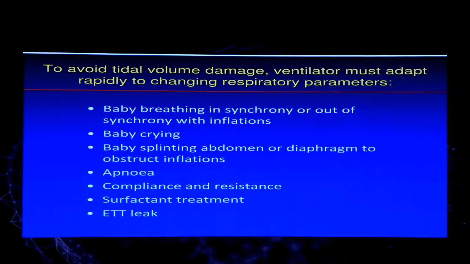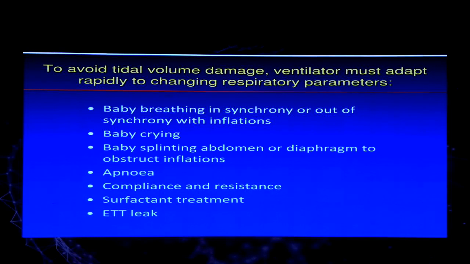To avoid tidal volume damage, the ventilator must adapt rapidly to changing respiratory parameters. So if the baby is breathing in synchrony or out of synchrony with the inflations, the ventilator has to adjust for that and give the appropriate tidal volume. Baby is crying, baby is splinting, apnea, compliance and resistance changes.